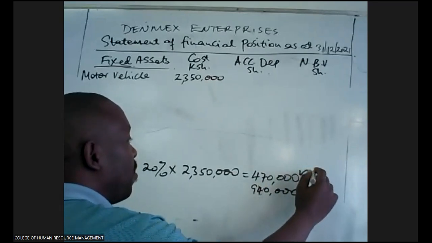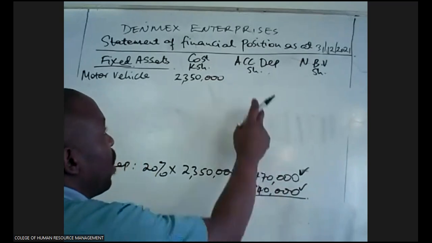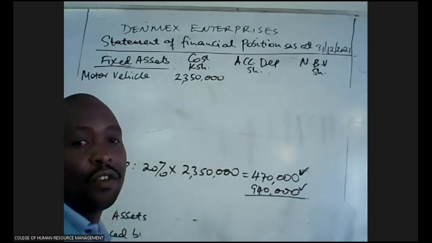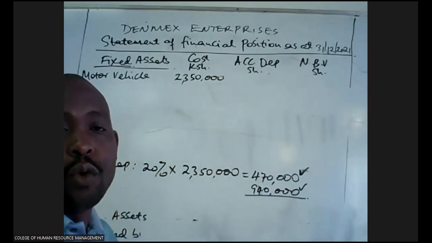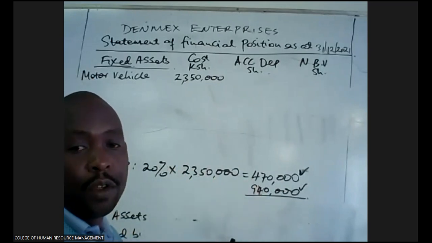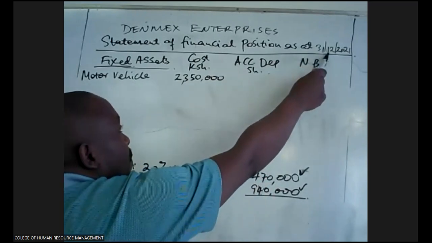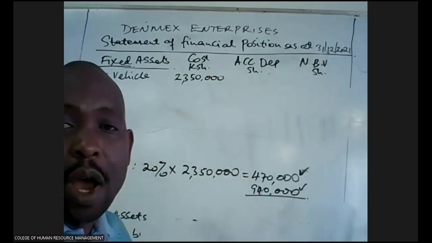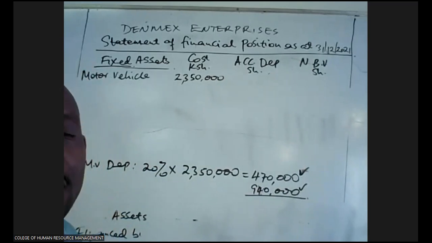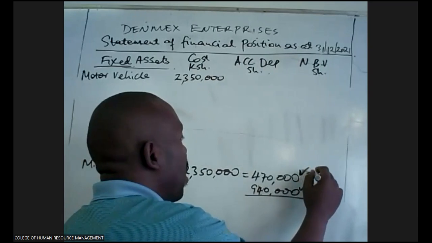This is for this year, this is for the previous year. So we need to add them so that we can get the accumulated depreciation. The one that we have calculated is for this year only, because the statement is being prepared as at the 1st of December 2021.